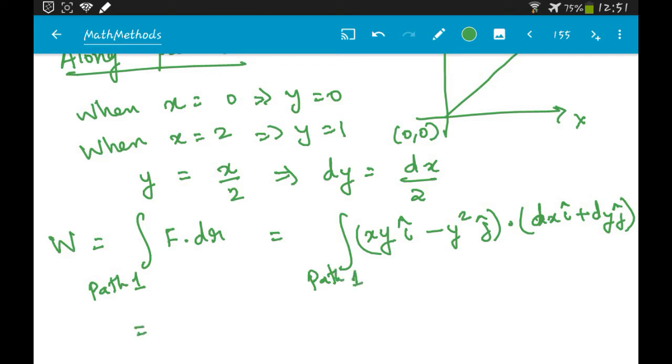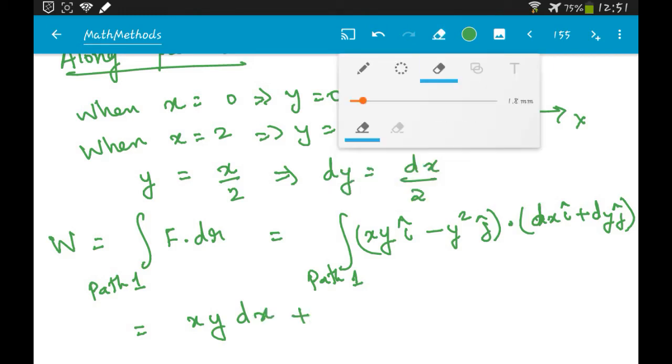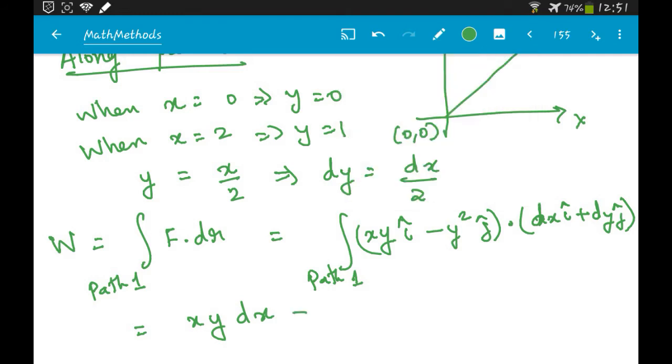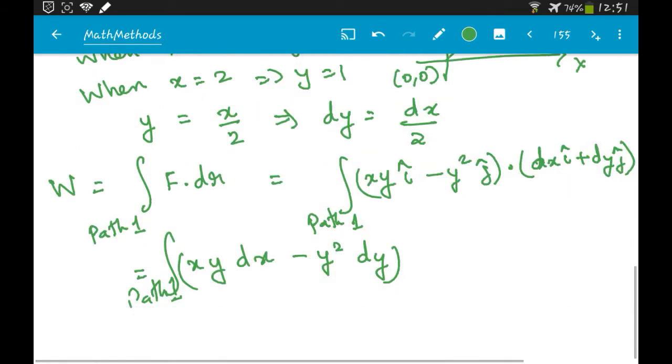So this would be xy dx minus y square dy along path 1.